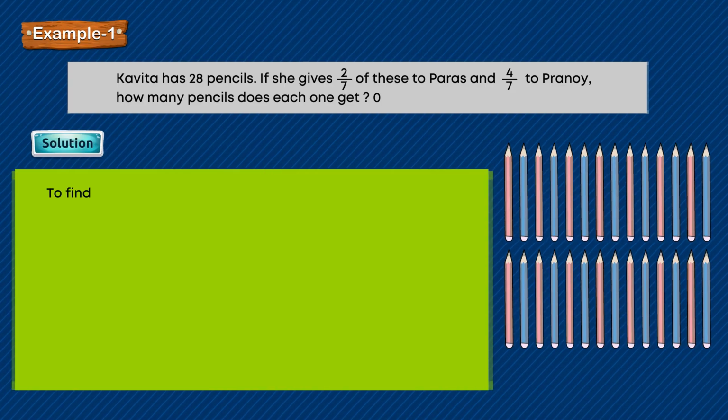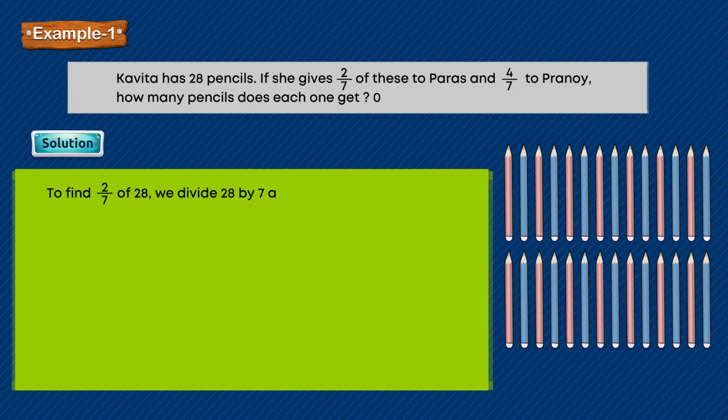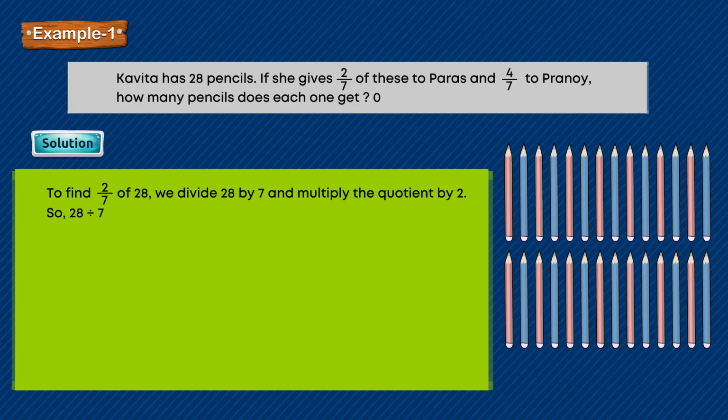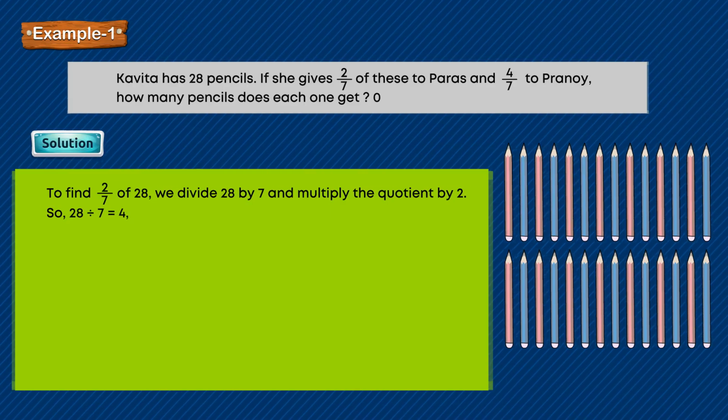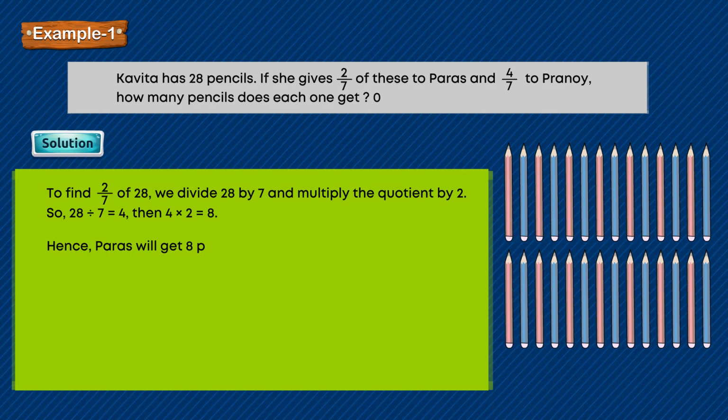To find 2/7 of 28, we divide 28 by 7 and multiply the quotient by 2. So, 28 divided by 7 is equal to 4. Then 4 into 2 is equal to 8. Hence, Paras will get 8 pencils.